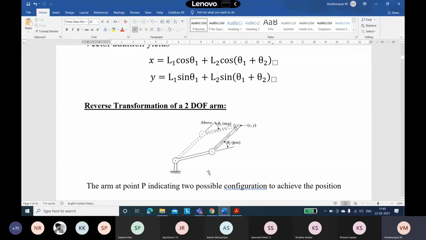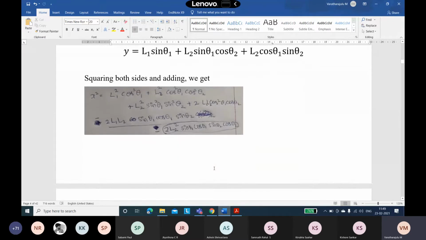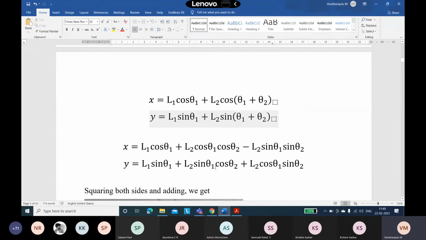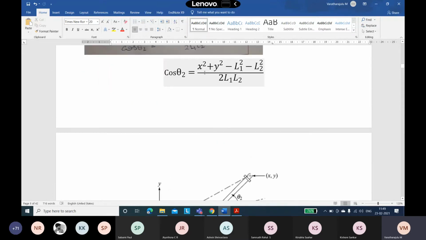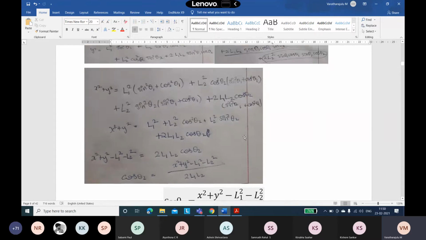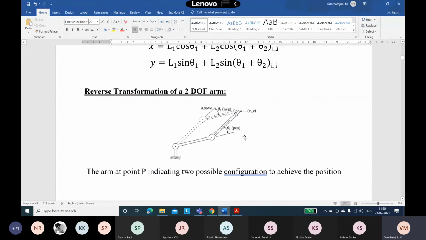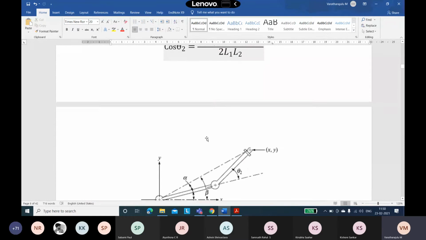Therefore we derived how we can get theta 2 with the aid of other basic information, based on x and y, the Cartesian coordinates of the end effector, and L1 and L2, the lengths of link 1 and link 2. From that we can get theta 2.